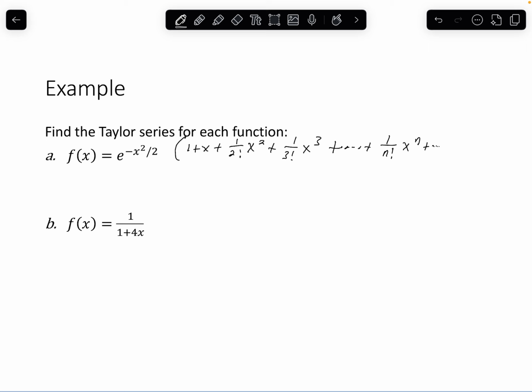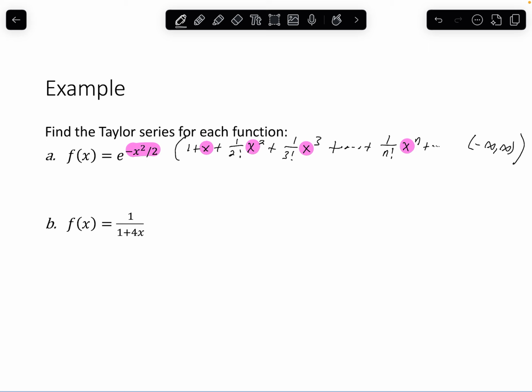And the interval of convergence for this was negative infinity to infinity. So we replace each of those x's with the exponent here, negative x squared divided by 2, and that replaces each and every one of these x's.